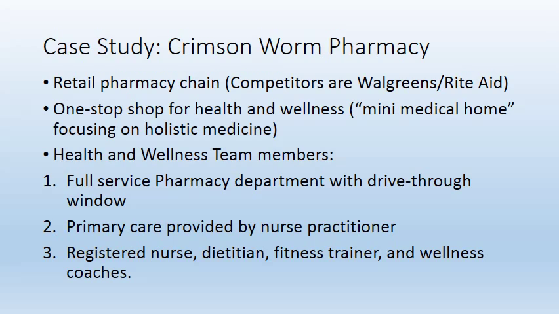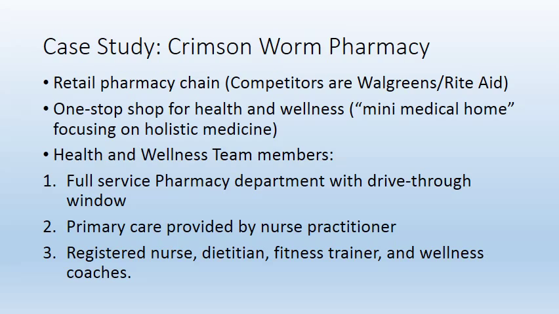The case study is the Crimson Worm Pharmacy. Crimson Worm Pharmacy is a pharmacy retail chain that has been setting up new stores across the West to compete with other chains like Walgreens and Rite Aid. They are developing a niche by creating a one-stop shop for health and wellness.